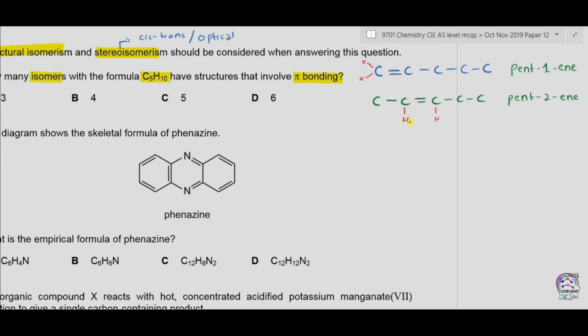So as both groups attached are different, pent-2-ene can show cis-trans isomerism. So it could be cis-pent-2-ene or trans-pent-2-ene.